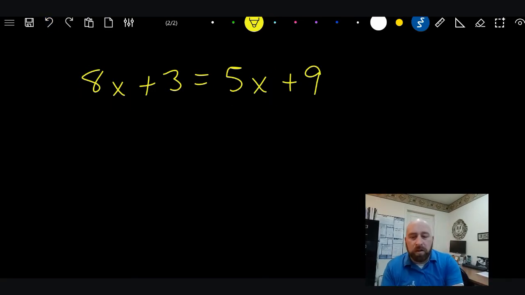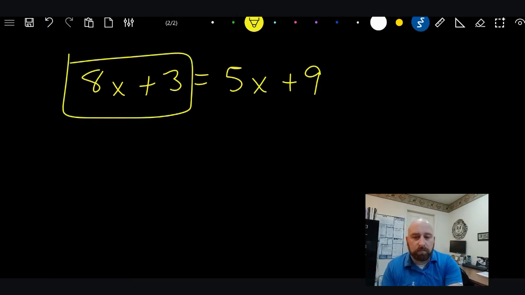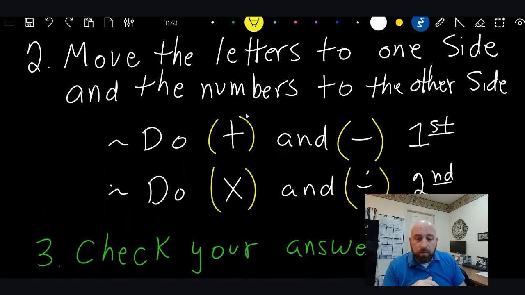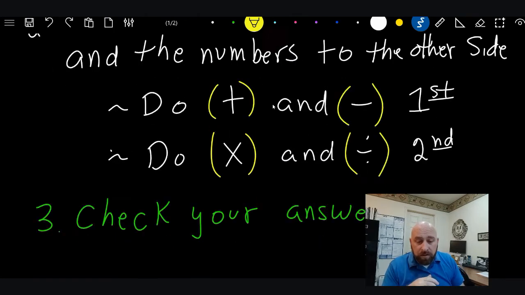Right now we just want to solve each side. Okay, well there's nothing we can do. There's no like terms. So what we want to do is move on to step number 2. There was nothing to do in step number 1. So step number 2 says move the letters to one side and the numbers to the other side.